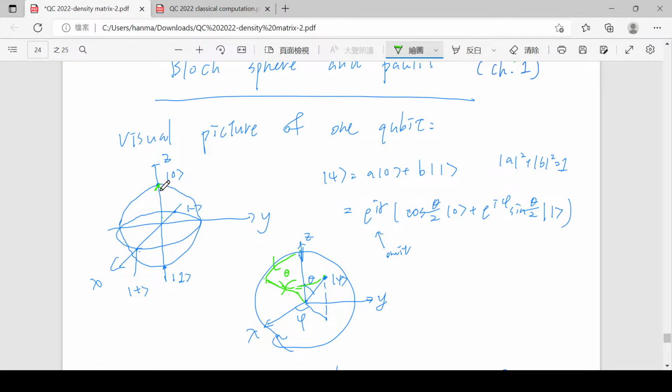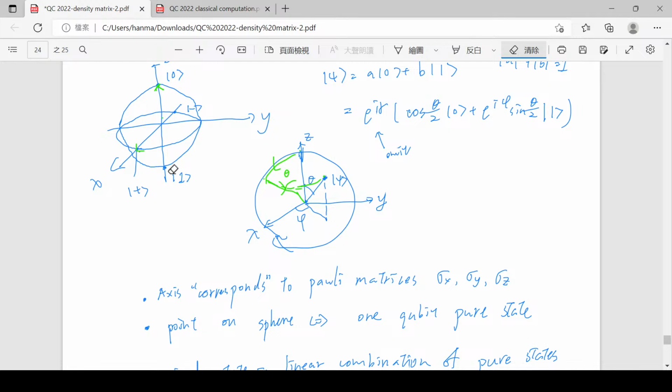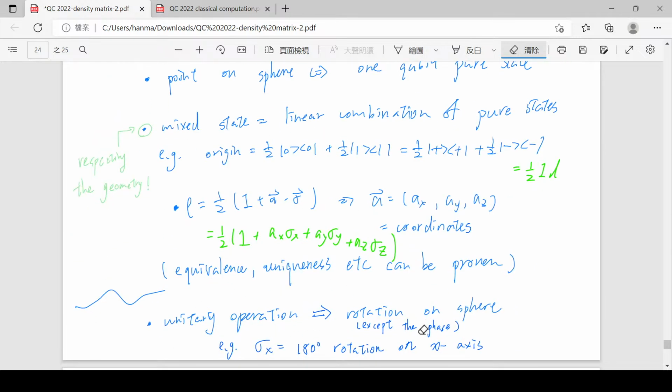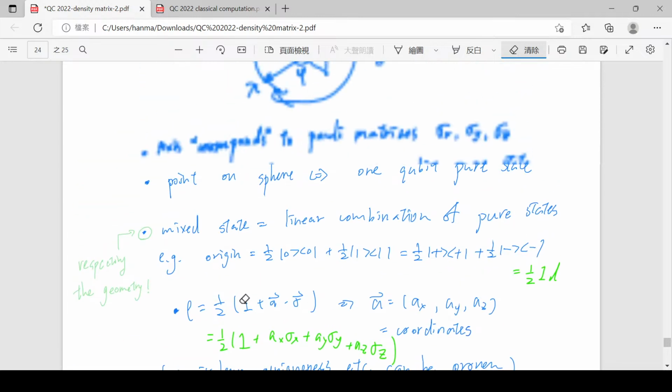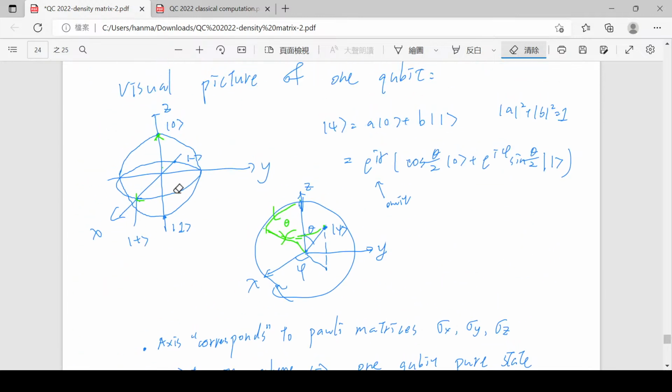A particle spinning up is like a state at the north pole of the Bloch sphere. If the particle is spinning in the x direction, then it corresponds to a state in the x direction of the Bloch sphere, etc. In that sense, the unitary operation being a rotation also makes more sense, because when you apply sigma x, it's like rotating your particle along the x-axis.